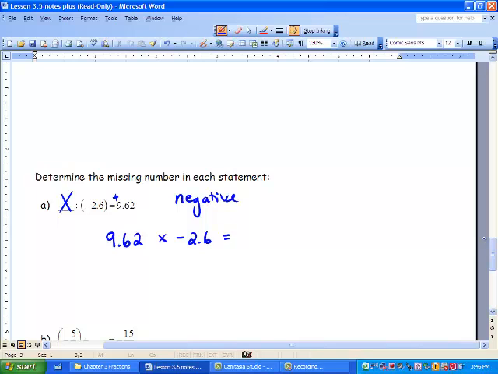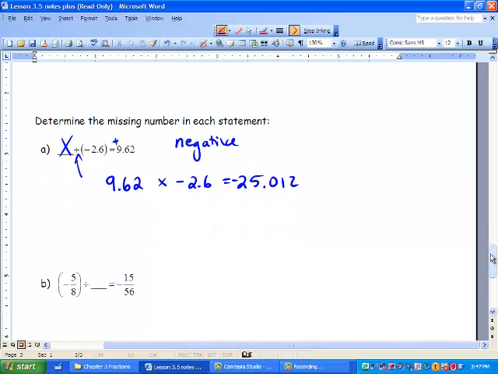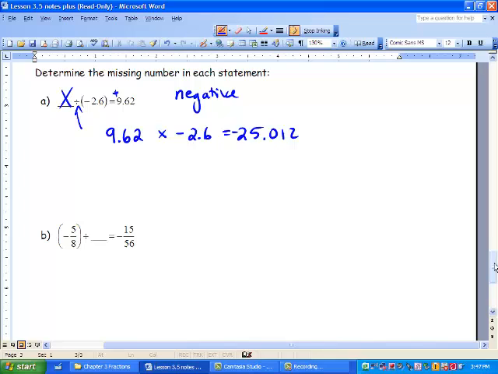That's going to give us 25.012 negative, sorry. So what that says, when we do the opposite of this sign right there, we're going to get the answer. So negative 25.012 divided by negative 2.6 equals 9.62. All right. Next, let's do this last one here.